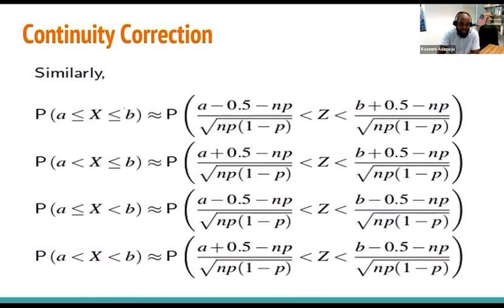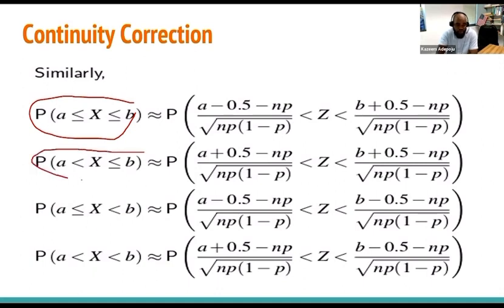So if I take a look at this, when it is closed at both ends, you're basically going to rob Peter to pay Paul. You subtract 0.5 from the lower bound and add 0.5 to the upper bound, just like robbing the poor to pay the rich. But what about a situation where it is open at a but closed at b?